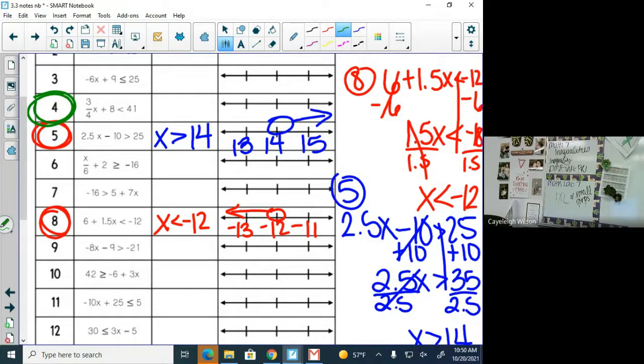So make sure we're getting rid of the addition or the subtraction first. We can't do that. 41 minus 8, that's 33.